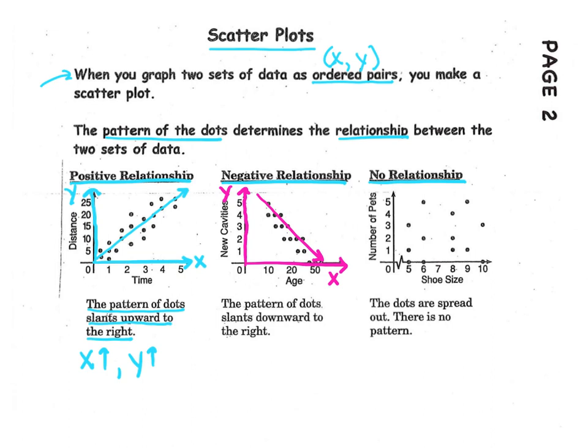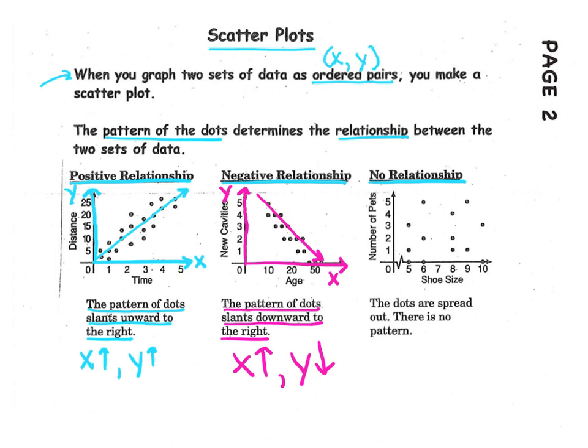There's a trend, but it's a downward trend. The pattern of the dots slants downward to the right. This is a negative correlation. Basically, as X increases, your Y values will decrease.